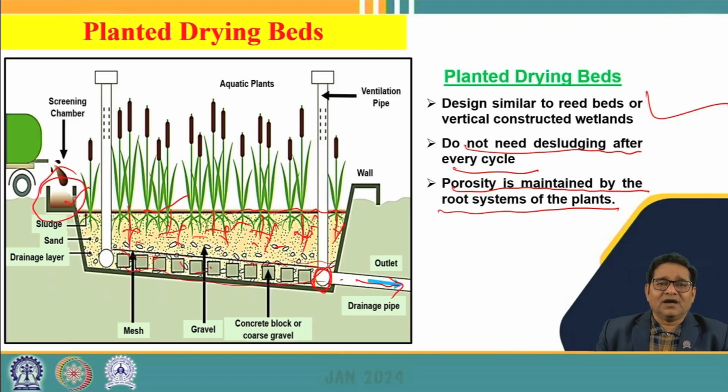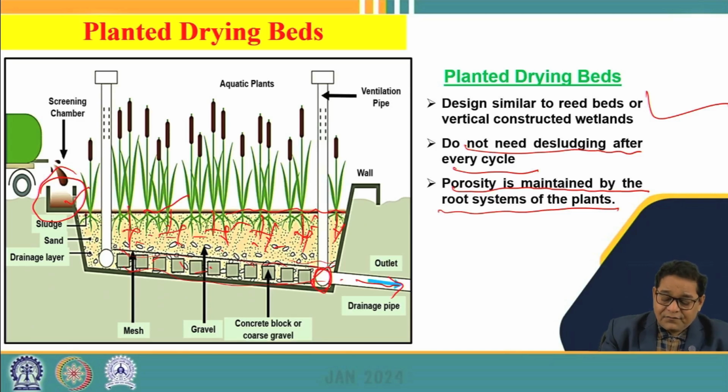So this entire sludge has to be passed through the screen. Whatever debris and bigger size impurities are present in the sludge are removed here, and that facilitates proper filtering of the water.